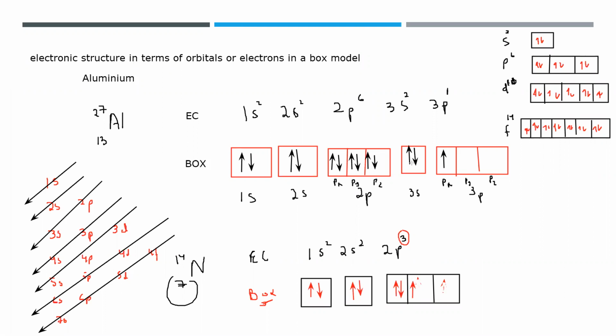No, that's wrong. Basically, they will occupy singly and they're moving with the same spin. That's why we are showing the same arrows. Either all arrows are pointing up or all arrows are pointing down, because they have the same spin, that's why we are representing by an arrow.